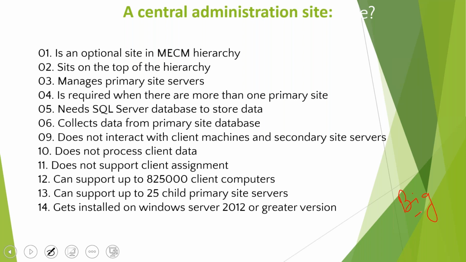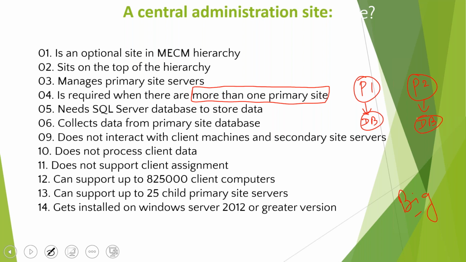Why? Because the central administration site is needed when you have more than one primary site server. For example, you have primary site 1 and primary site 2, and both will have a database to store the data.